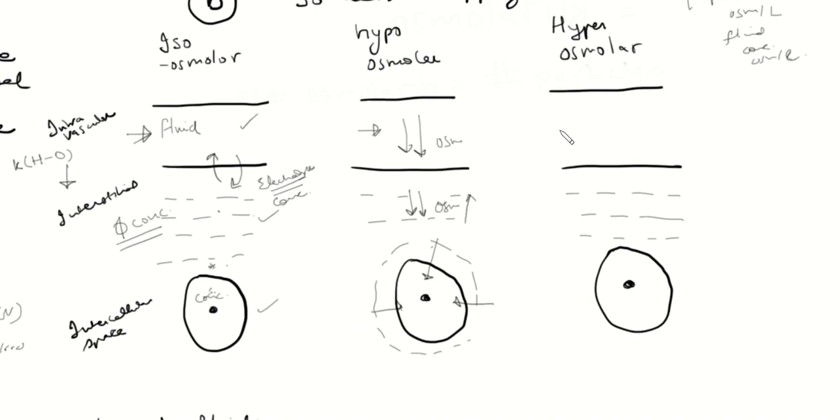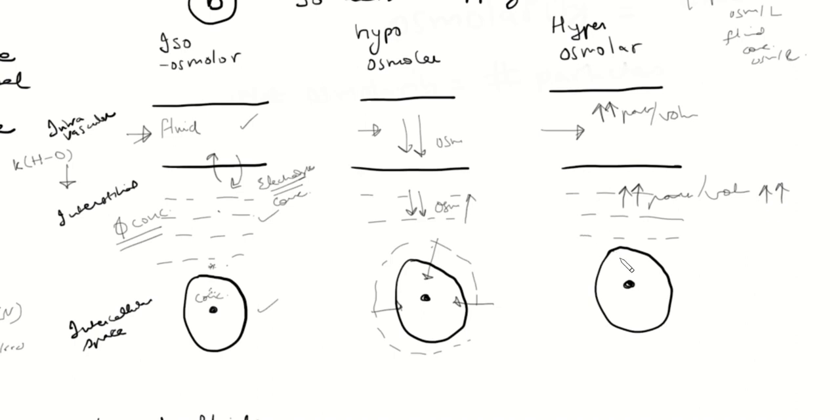Now I give somebody a hyperosmolar solution, which is a high number of particles per unit volume compared to what's regularly in the blood. What will that do? It will increase the particles in the interstitium per unit volume, or it's going to increase the osmolarity in the interstitium.